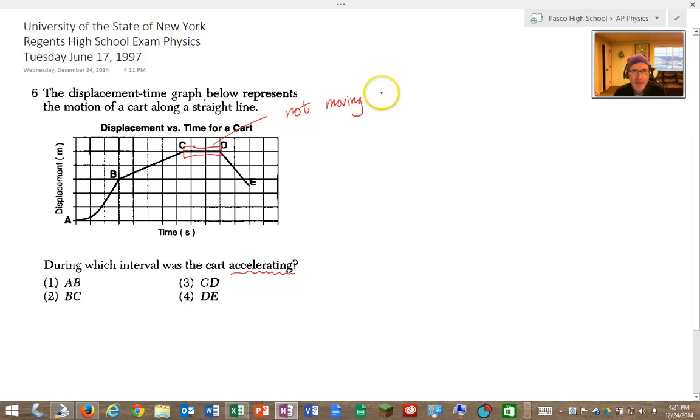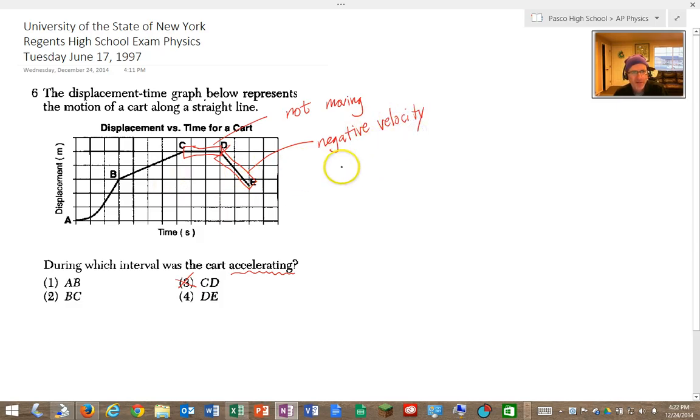Okay, if it's not moving, it's not accelerating, so it's not C and D. This right here, D to E, the displacement is getting less, so this is negative velocity. How do I know it's negative velocity?